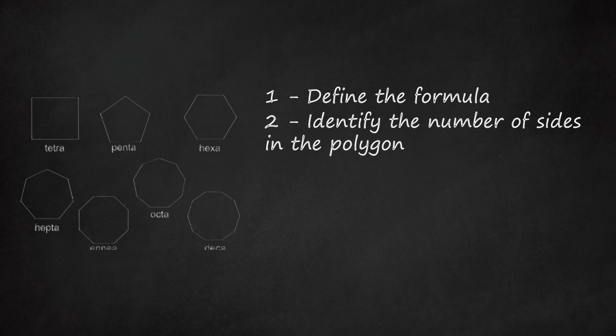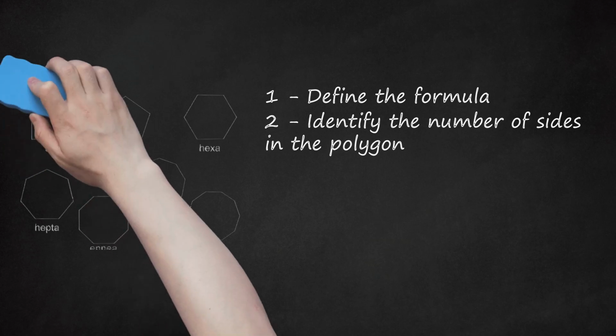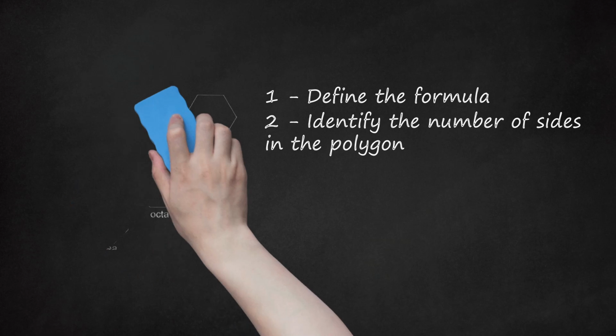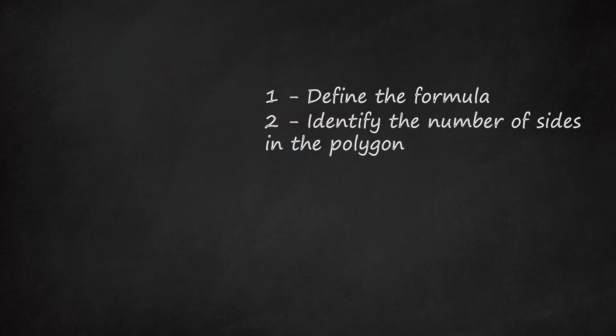Tetra, 4, penta, 5, hexa, 6, hepta, 7, octa, 8, ennea, 9, deca, 10, hendeca, 11, dodeca, 12, trideca, 13, tetradeca, 14, pentadeca, 15, etc. For very large-sided polygons you may simply see it written n-gon, where n is the number of sides. For example, a 44-sided polygon would be written as 44-gon. If you are given a picture of the polygon, you can simply count the number of sides.